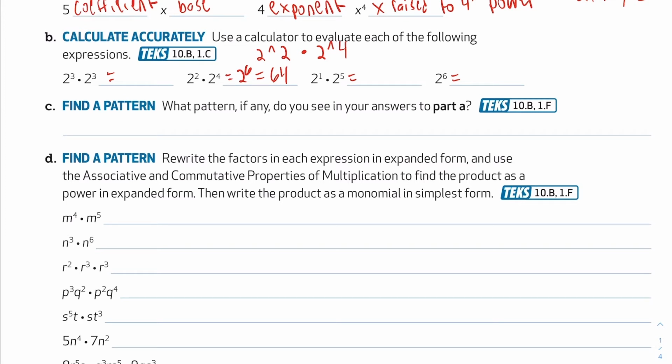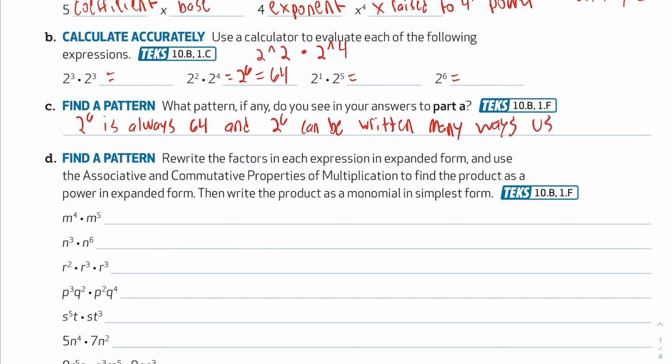The pattern that you should see is that you always get 64, which means 2 to the 6th power is always 64. And 2 to the 6 can be written many ways using its factors.